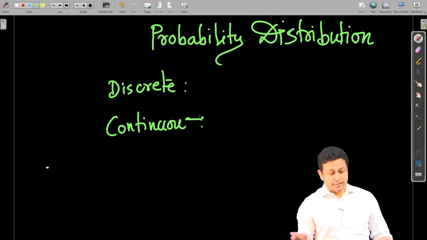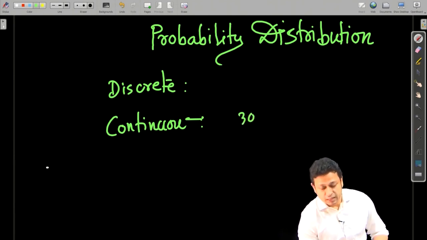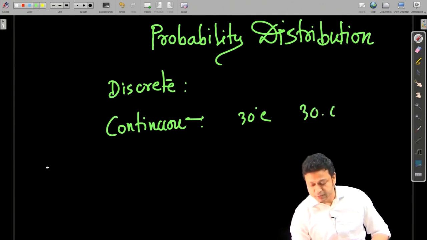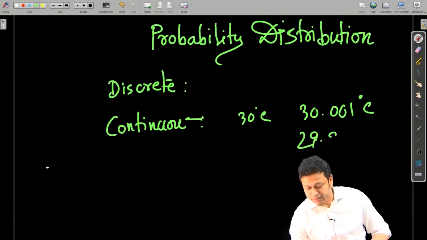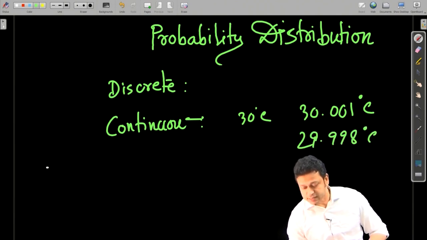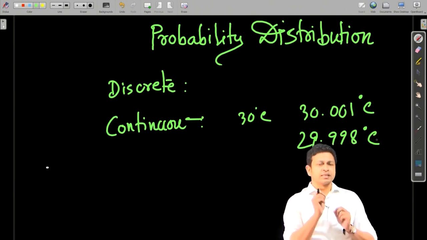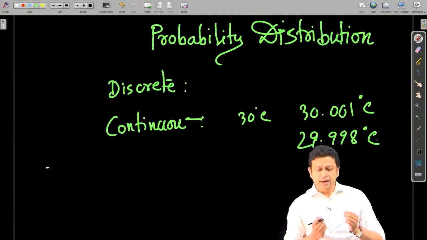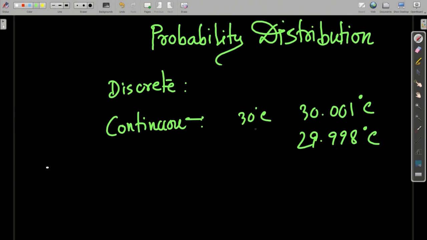Now we can say today's temperature is 30 degrees Celsius, but when you actually measure, it might be 30.001 degrees Celsius, or it might be 29.998 degrees Celsius. So it's very difficult to get the exact temperature, because it is a continuum of values, and you can have a little bit of fluctuation for every different value.